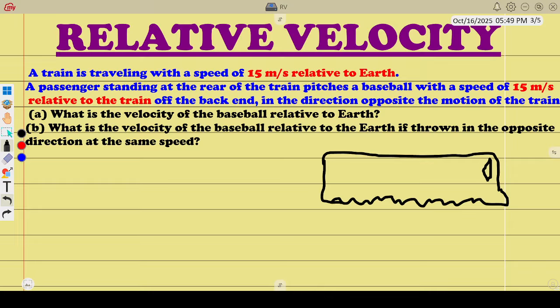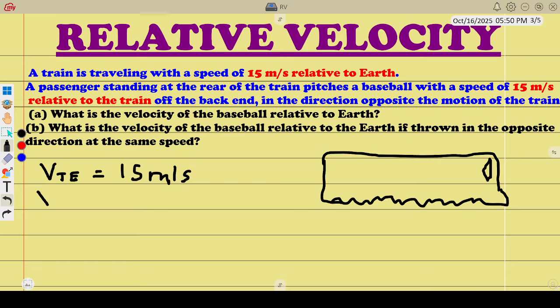The train is traveling at a speed of 15 meters per second. So the velocity of the train relative to the earth, meaning the ground, is 15 meters per second. Okay, we have gotten that.